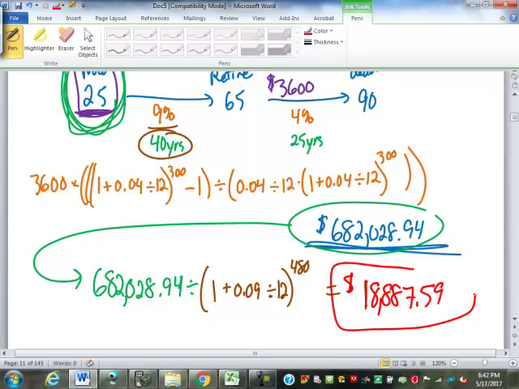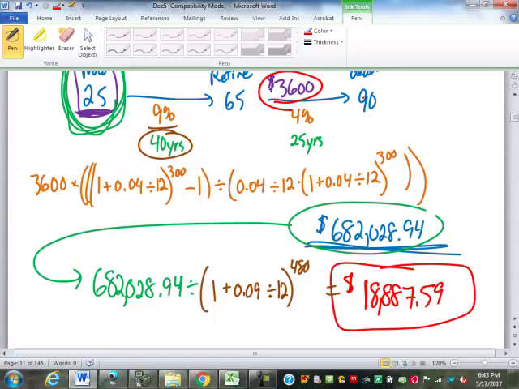So at 25, if Christine puts away that $18,887.59, she should reach her goal of being able to draw out the $3,600 a month in retirement. So that is your roadmap for number 3. Anybody have any questions on what we did there?